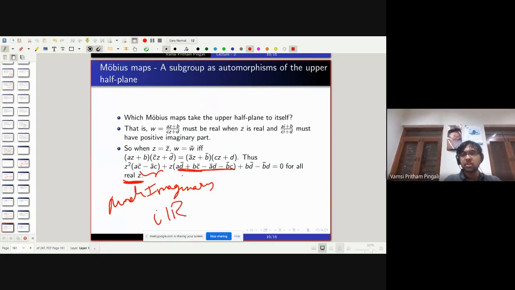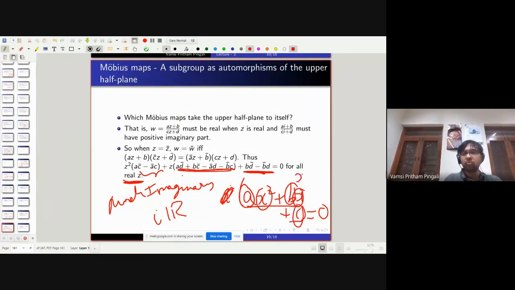This is also imaginary, this is also imaginary. So if you throw out the I, you have a quadratic equation where these are all real numbers, and this is true for all real numbers x. That means each of these coefficients must be 0.